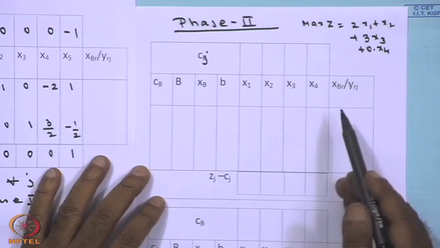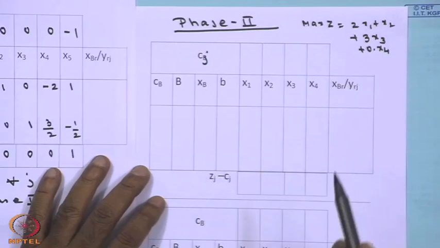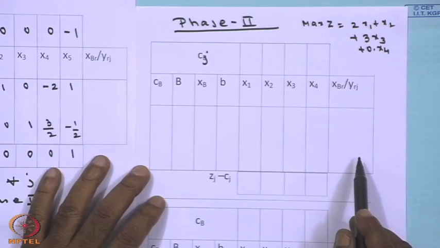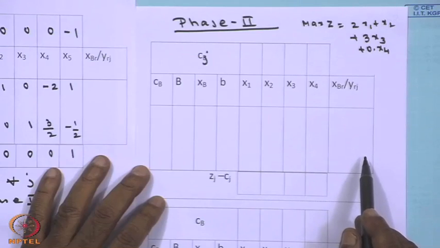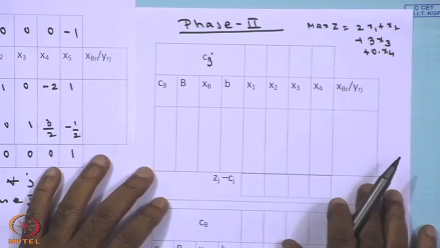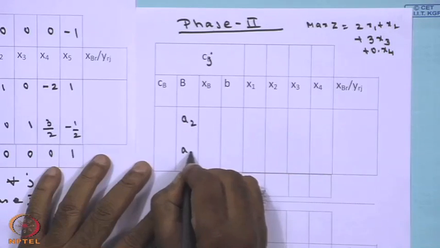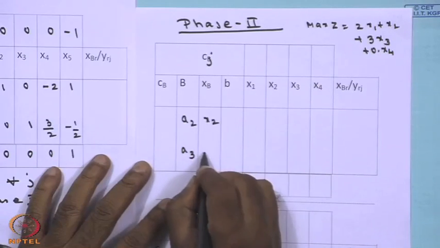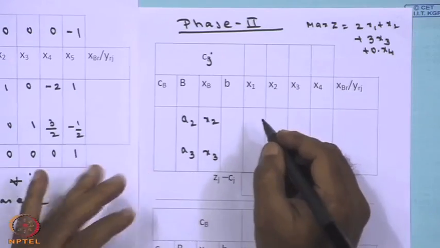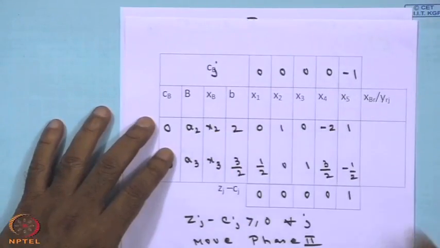So, the basic aim of this two phase method is, if possible, eliminate the artificial variable at the end of phase 1, and then at the beginning of phase 2 you start with the original objective function and try to iterate and obtain the basic feasible solution. So, the table will remain same as usual, x2, x3. If you see this table, these values will remain same.